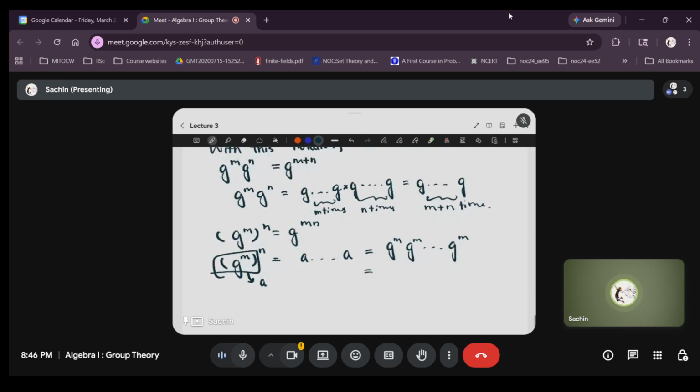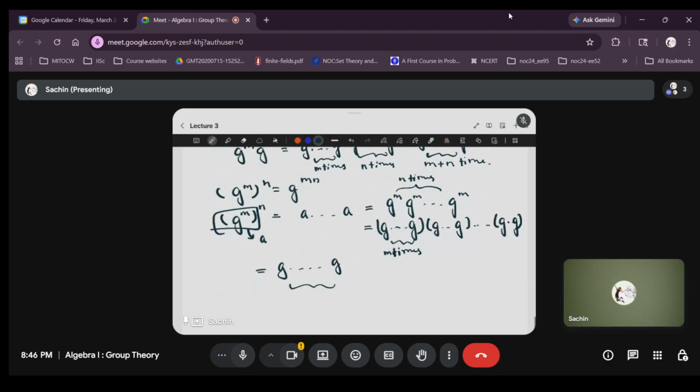But each of these g power m's is again g multiplied m times. So this was n times, and within one group, this is m times. So it is actually g multiplied mn times. Is that clear?